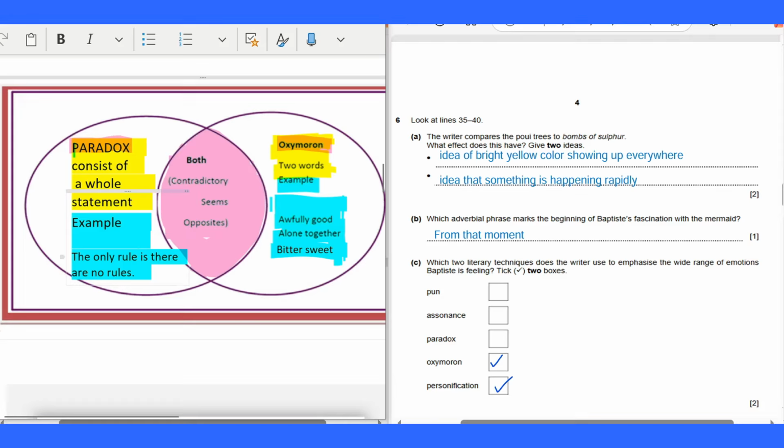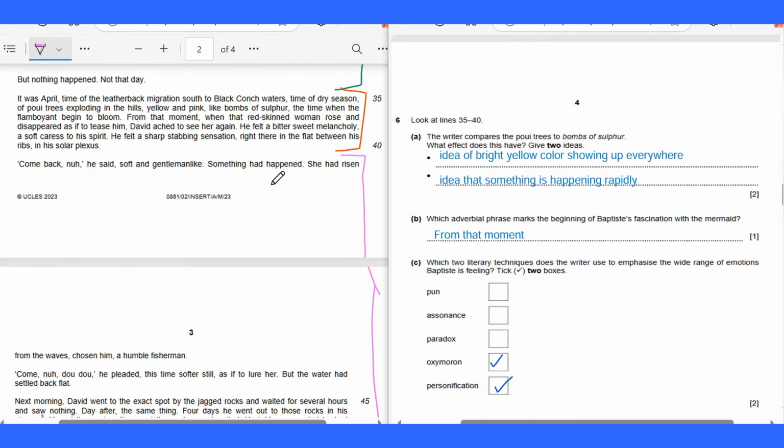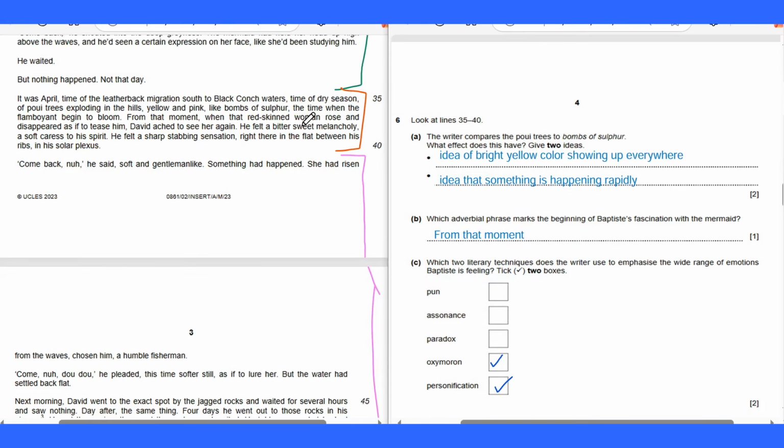Example: the only rule is there are no rules. So both are contradictory and seem opposite, but oxymoron is two words, while paradox is a whole statement. So that's the reason we choose oxymoron. Alright, and bittersweet here. You see the bittersweet here? Bittersweet, that is the oxymoron.